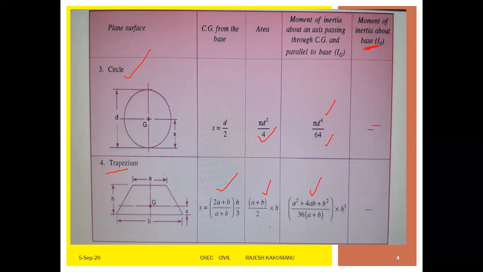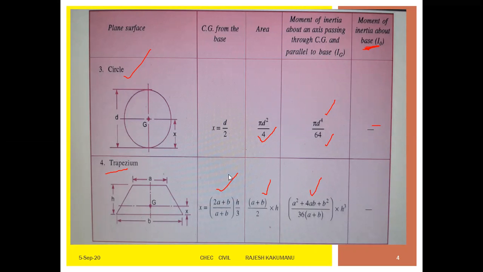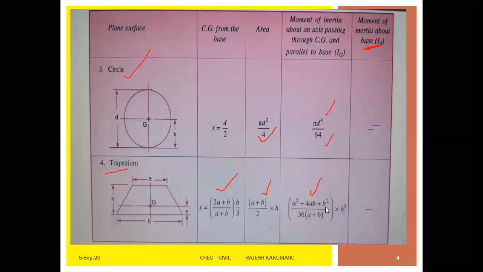Next, area is (a plus b) by 2 into h. Next, the moment of inertia about an axis passing through the center of gravity and parallel to the base. This is the formula we have got: (a square plus 4ab plus b square) by 36 (a plus b) into h cube.